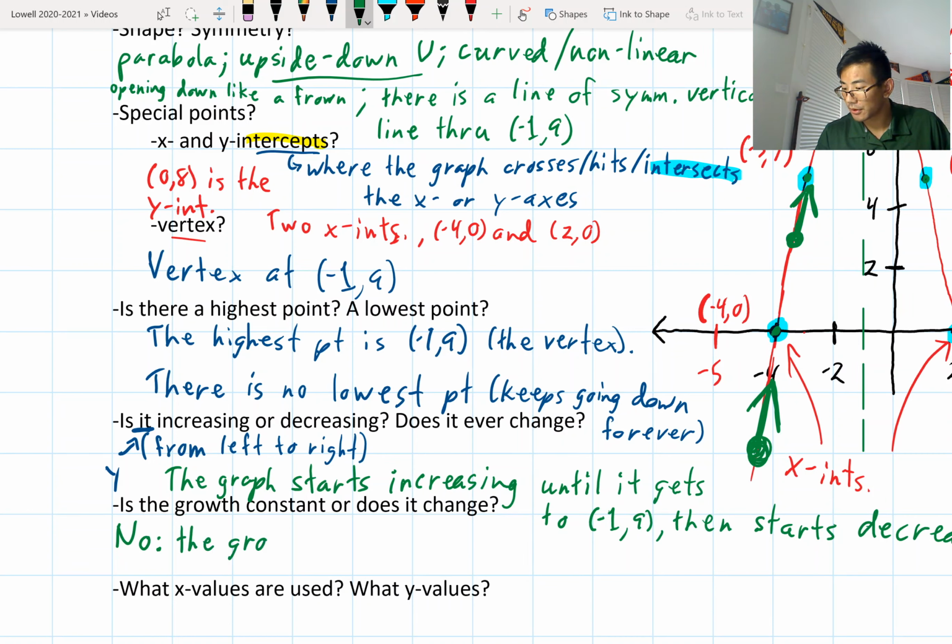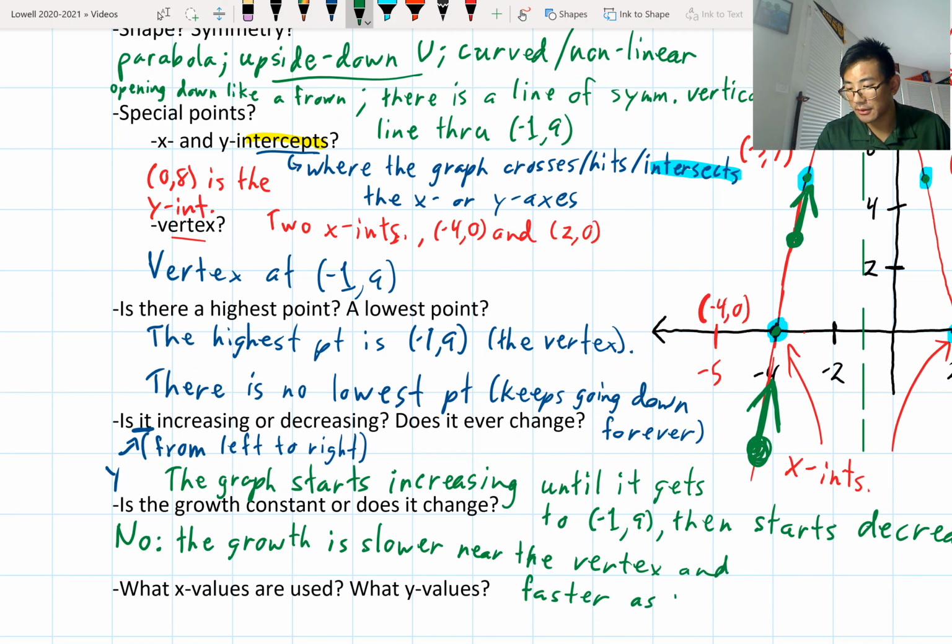The growth is slower near the vertex, and faster as you go away from the vertex.